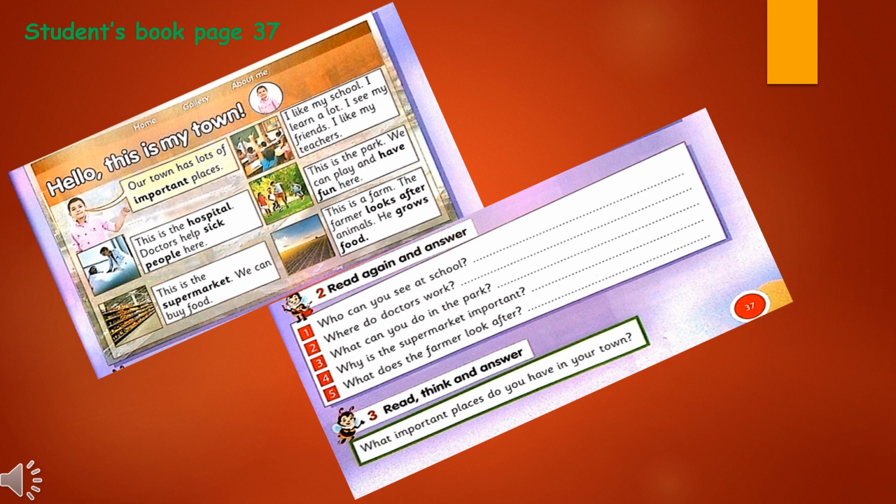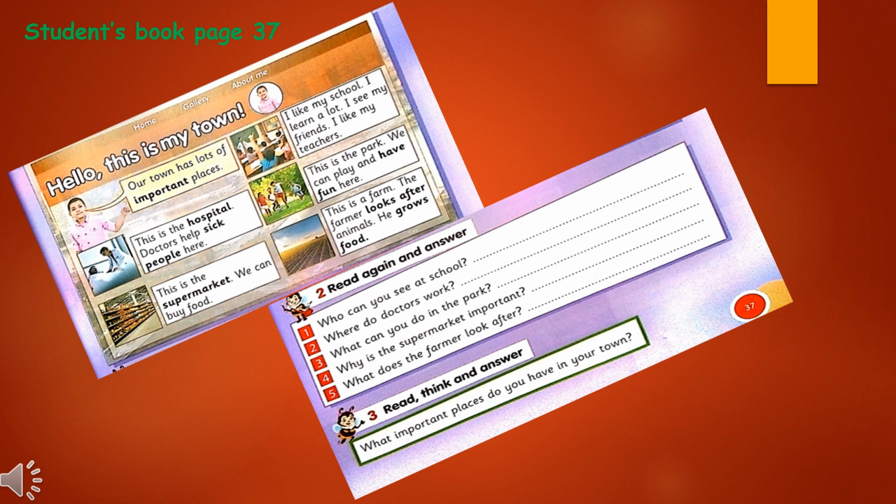Let's answer the questions on exercise 2 according to what we have read now. Question number 1. Who can you see at school? Yes, we can see friends and teachers.